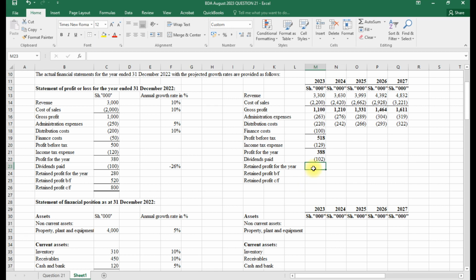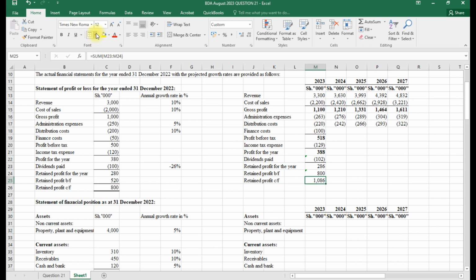So profit for the year, alt equals these two, and I enter. Again, you use the top border. So retained profit brought forward from the previous, retained profit carried forward will be the brought forward here, this one, and to get the carried forward, again we add alt equals the two of them, these two, that way.